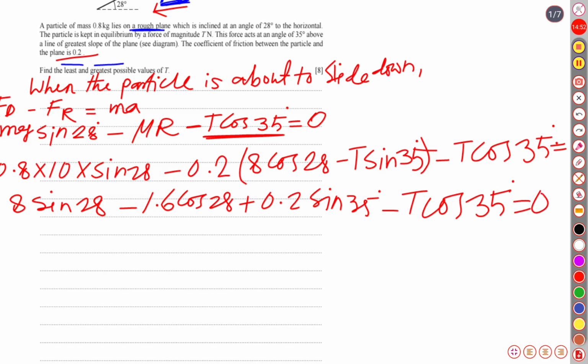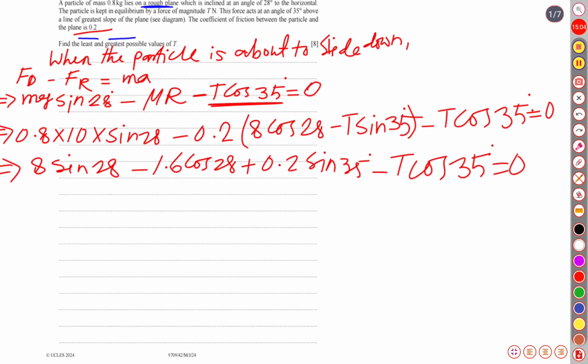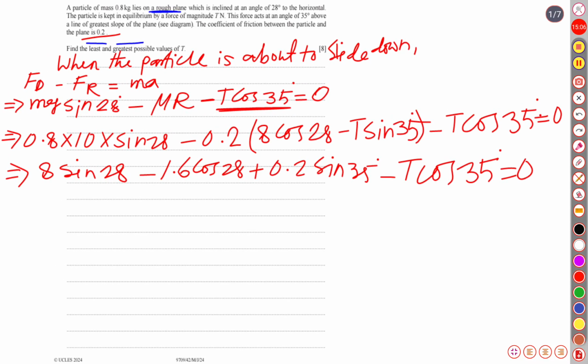Well, if we isolate T, as T is our subject to be made. So let us make T as our subject. If we take T as common, then what is it going to be? 0.2t.